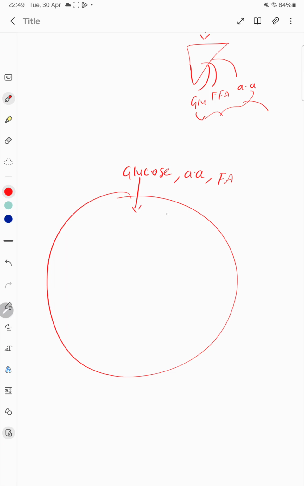As soon as glucose enters into the cell, the first part of the cell you can see is the cytosol. In the cytosol, glucose entered. So as soon as glucose entered in, this glucose will be involved in glycolysis. Glucose undergoes glycolysis.